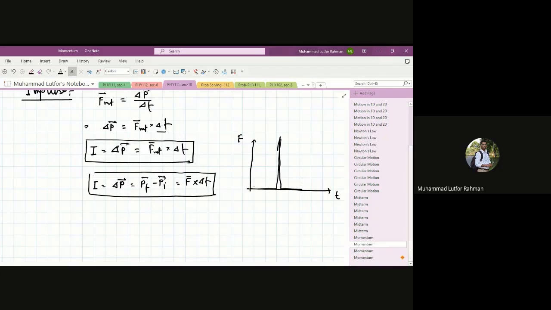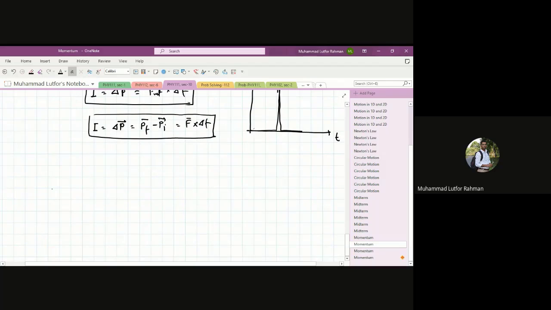So if I extend that curve in a form, so I can draw, so this is actually F versus t. If I extend that curve, each curve would be like that form, right?